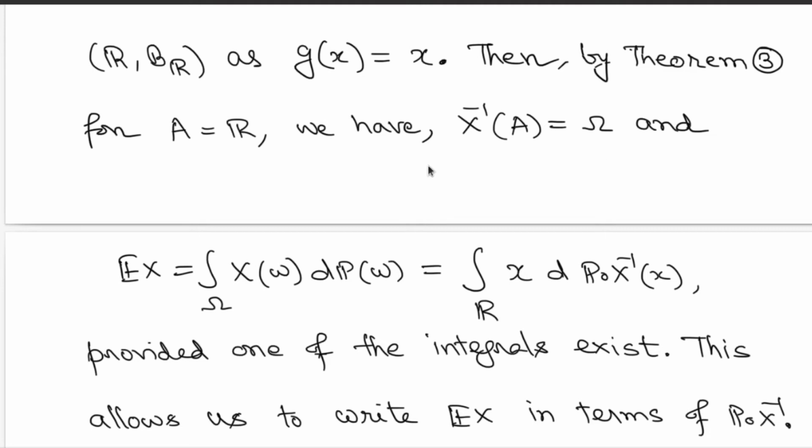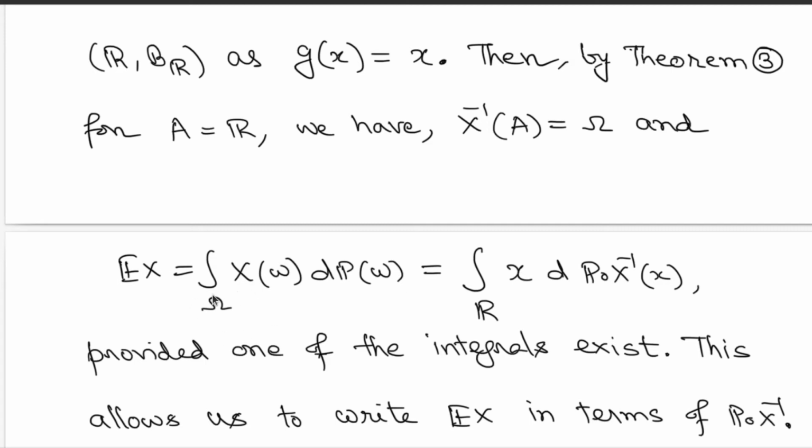The pre-image is the whole domain, and therefore you have this change of measure relation: the integration of X with respect to the probability measure P, which we have been considering while talking about the expectation of X, can now be written as an integration over the real line by changing the measure from P to P∘X⁻¹. So that's the application of Theorem 3 when you are talking about a random variable.